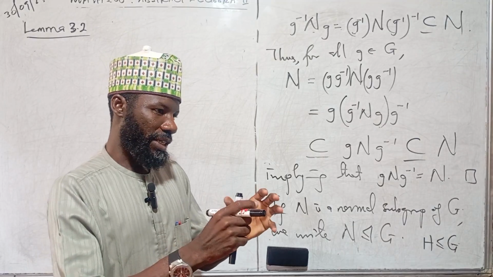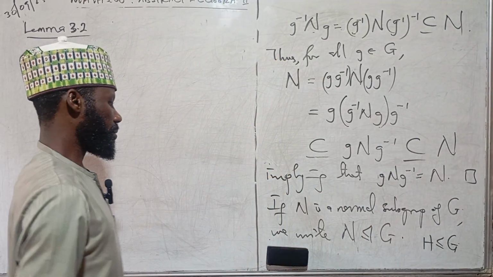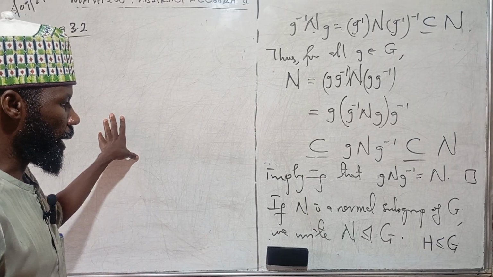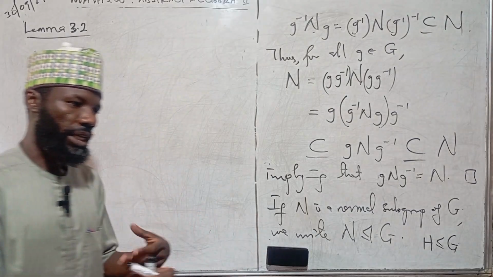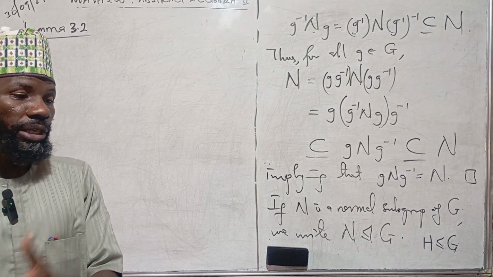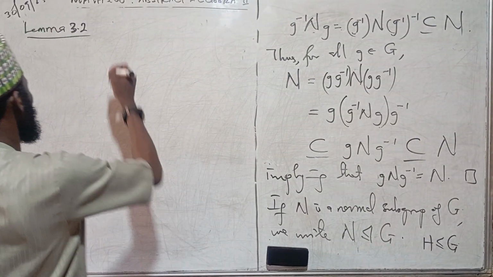So this should be a defining condition, an equivalent way of defining normality. And this is the content of the lemma. So you can check whether a subgroup is normal just by merely looking at left cosets. If they happen to be right cosets, then the subgroup is also normal.